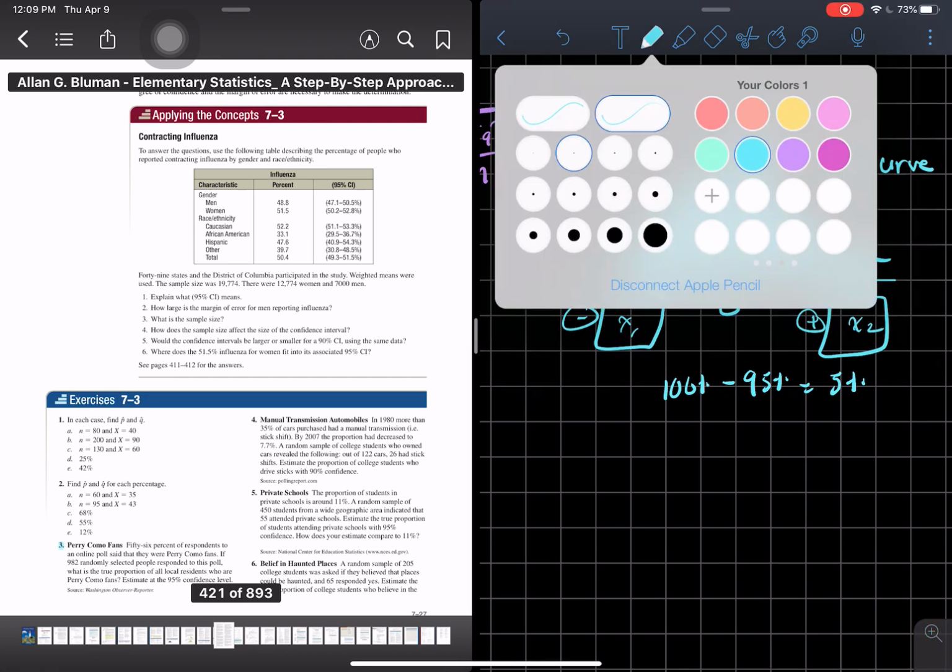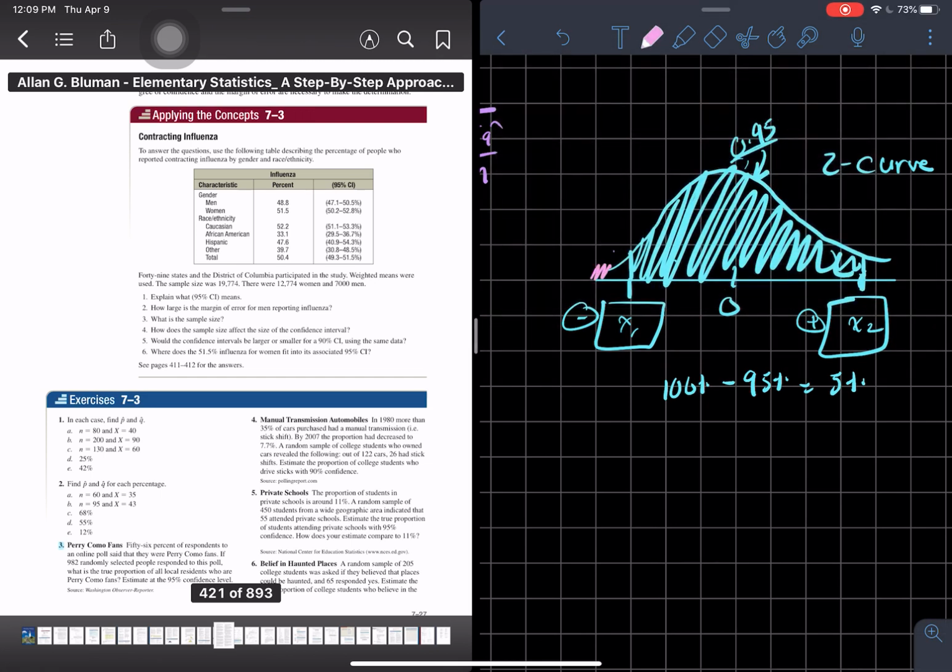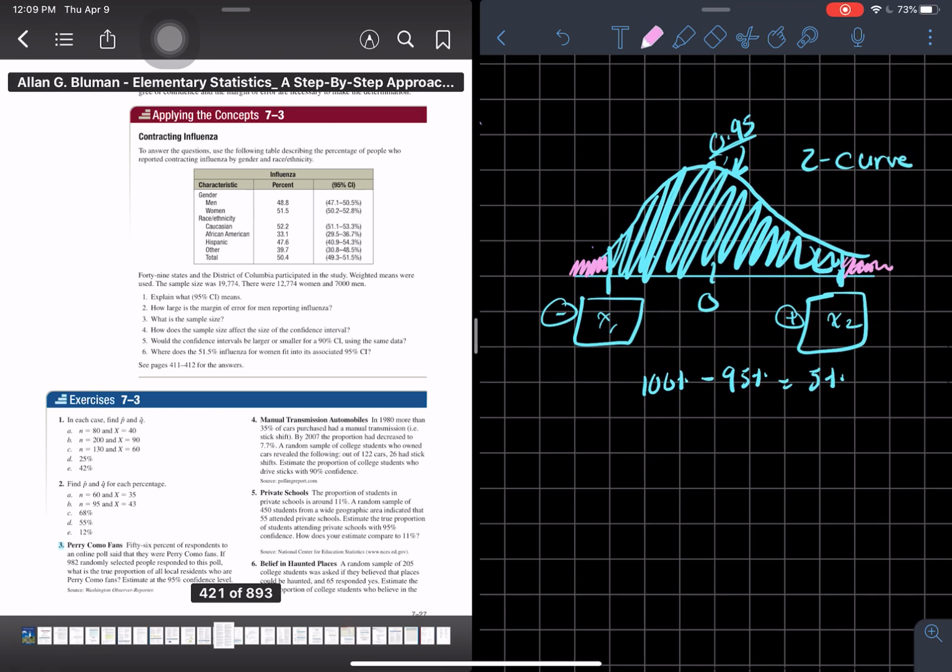I am 95% sure it's not going to be in those pink regions, but there is a 5% chance that it might be in the pink regions. If there's a 5% chance it might be in one of those pink regions, that doesn't mean each single one of them is 5%, because then I'd be 10% sure that it's in the pink region.